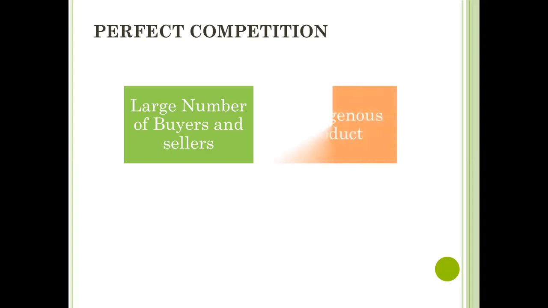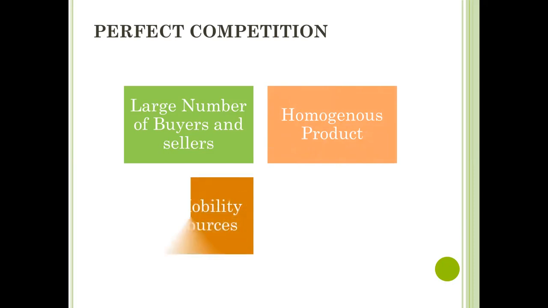We also have the homogeneous product. Once again, for perfect competition, these products are identical. There are abundant close substitutes for the good, giving consumers a choice of which brand he would purchase. Also, we have free mobility of resources, and a business under this market condition can move in and out of the market at any time in response to price changes.